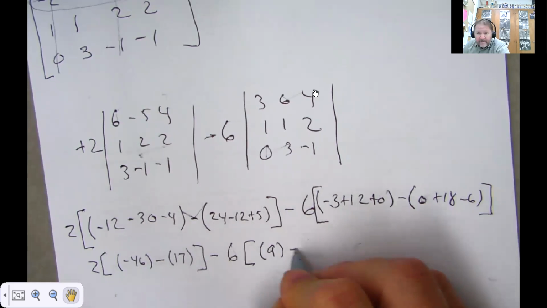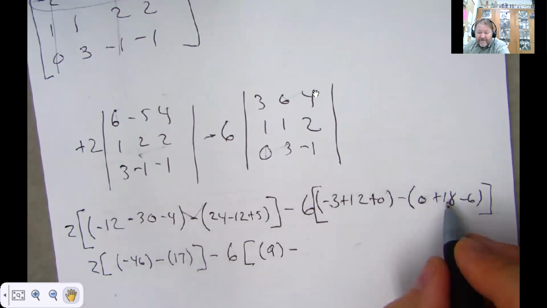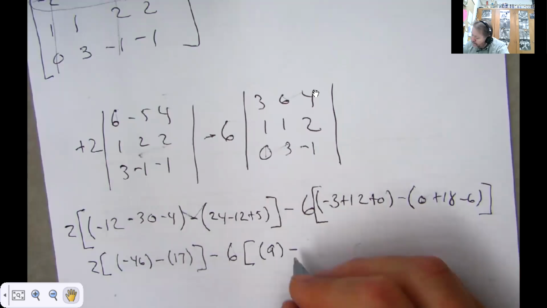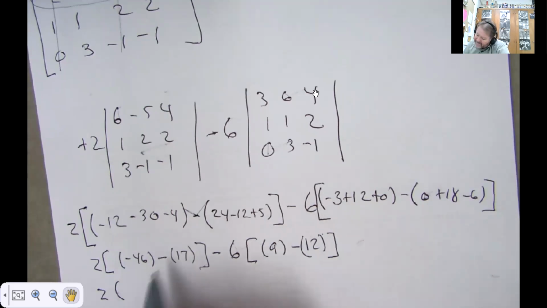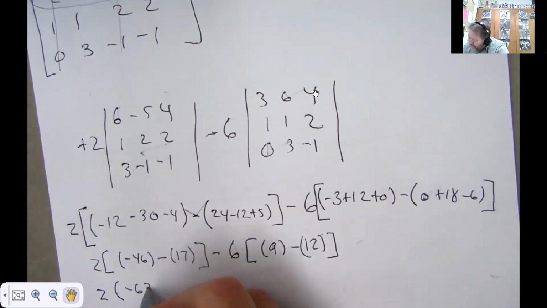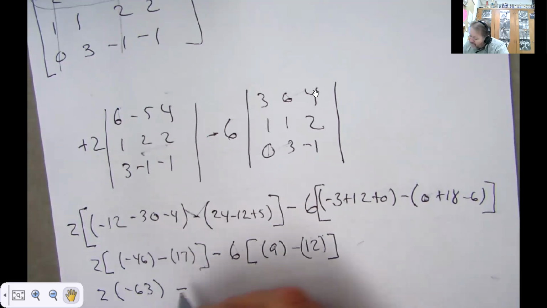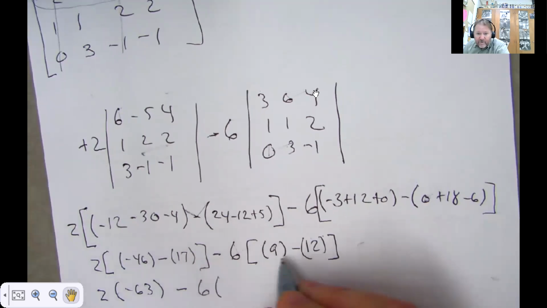Minus, it's going to be 0 plus 18 minus 6, which is 12. This is going to be 2 times negative 46 minus 17 is negative 63, minus 6 times 9 minus 12 is negative 3.